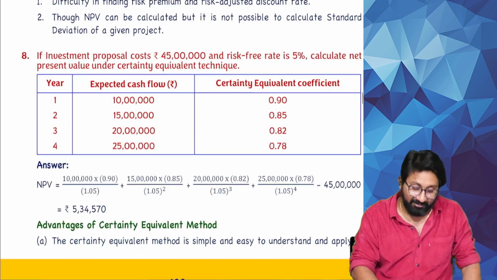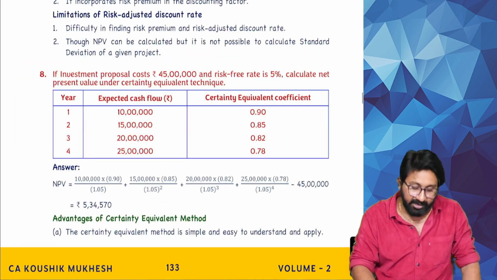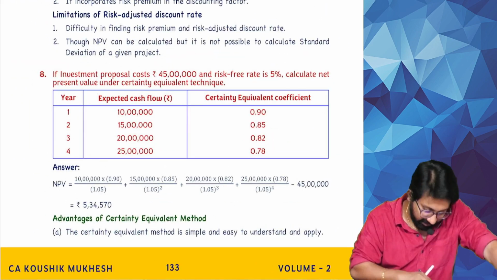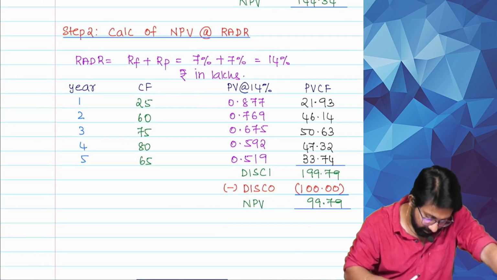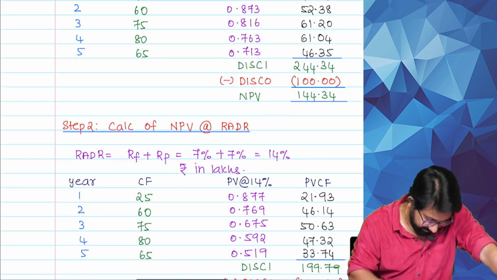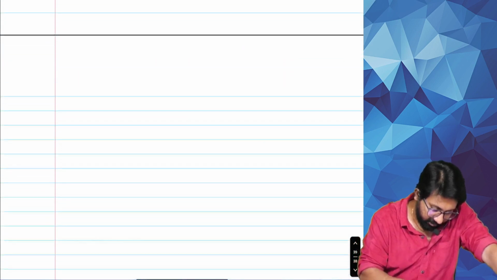So okay, what is the next one? Certainty equivalent. Right. Next concept is the certainty equivalent approach.